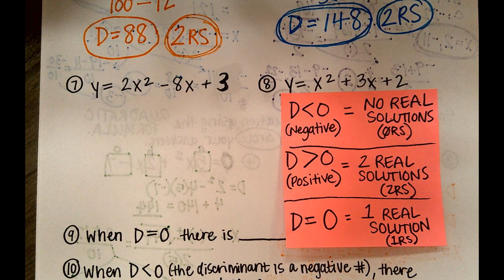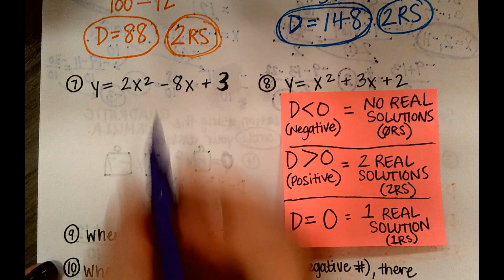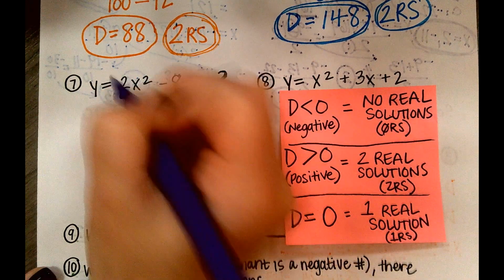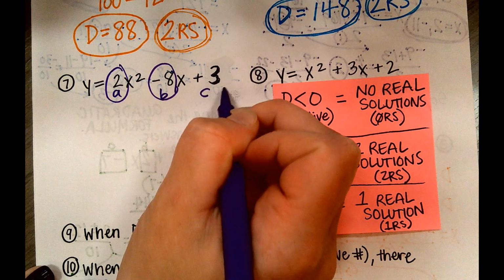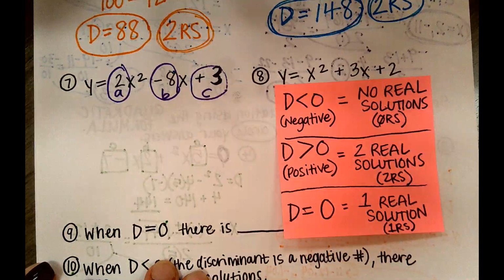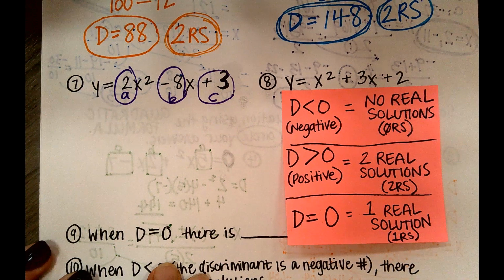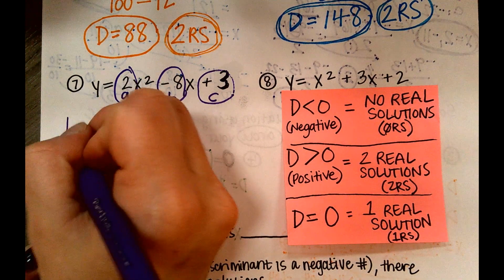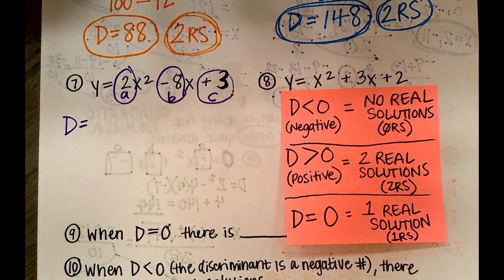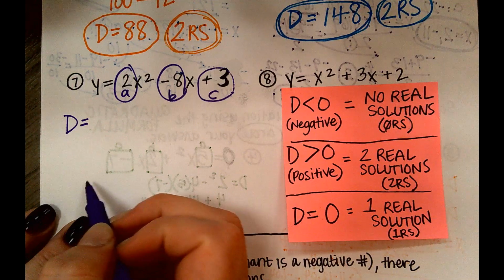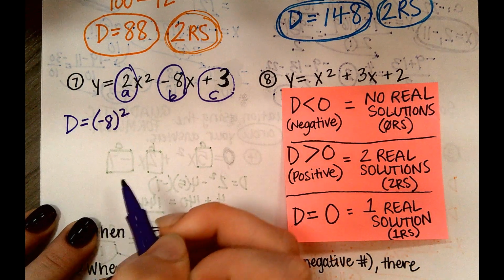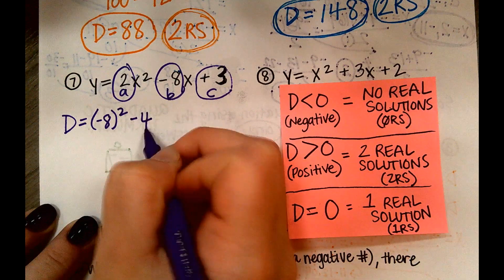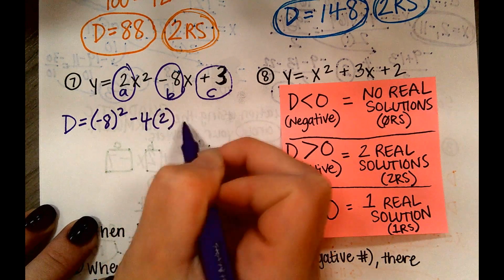I will. Jessica. You're going to first identify your A, B, and C. Perfect. A, B, C. And then you're gonna write it in the discriminant formula. Okay, so tell me what to write. You're going to write -8 squared minus 4 times 2 times 3.